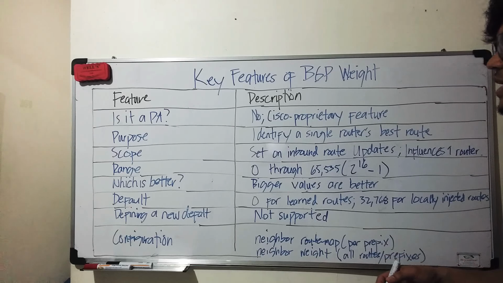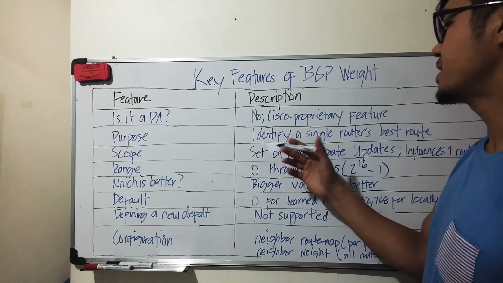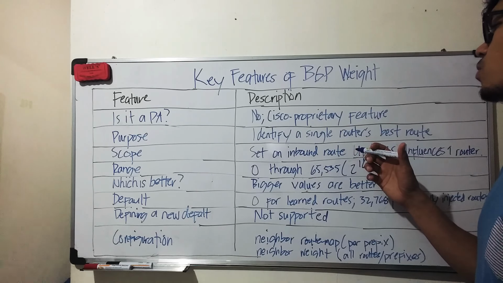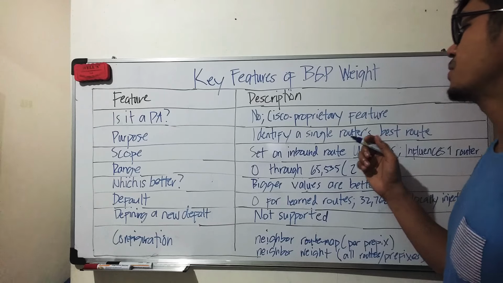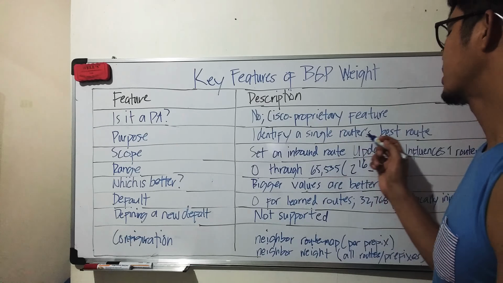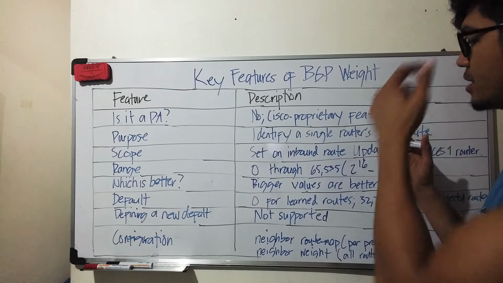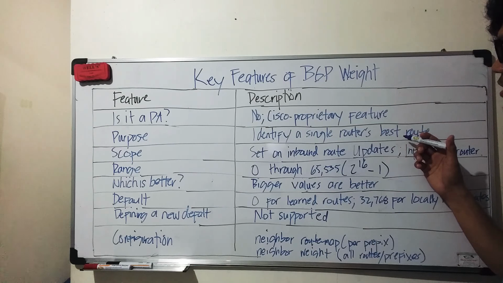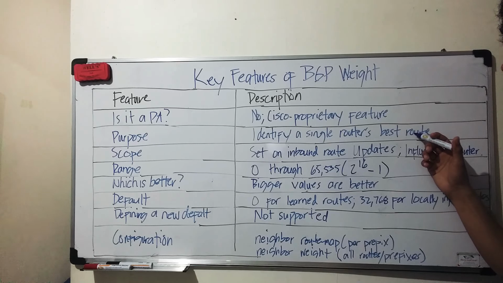Purpose: identify a single router's best route. So basically, it is used to identify a single router's best route. This would be for the outbound route or outbound traffic.